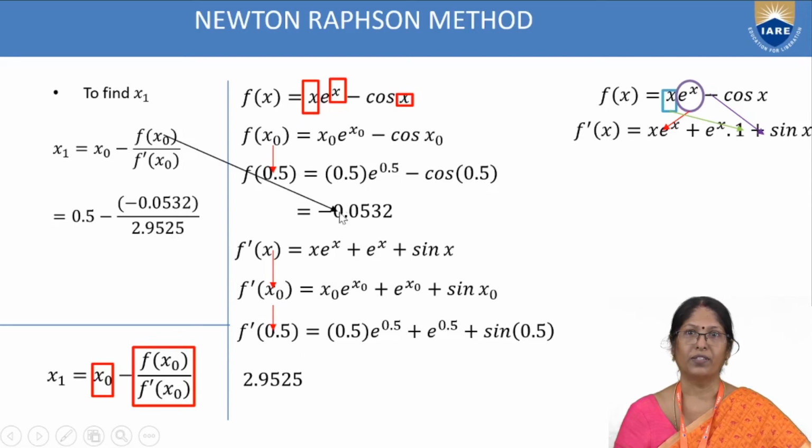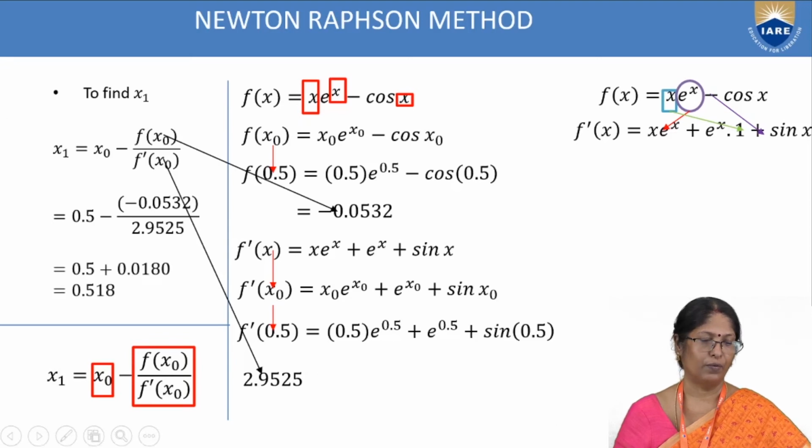You can see these arrow marks, f of x naught is taking this value and f dash of x naught is taking the value 2.9525. So the final answer we got by calculating is 0.518. So x1 is nothing but 0.518.